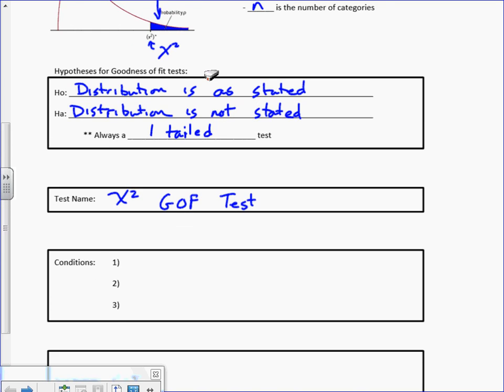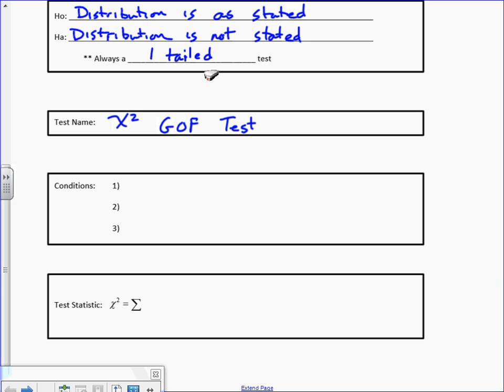Three conditions for this. The first one's very familiar to us, and it's random. Let's go ahead and clean that up a little bit. The first one has always been random. The next two deal with sample size. Is the sample big enough? So we want to make sure all expected values are greater than 1.